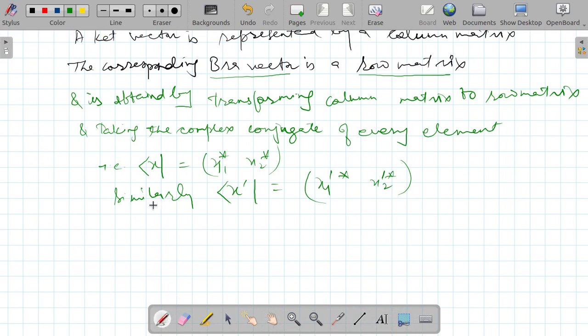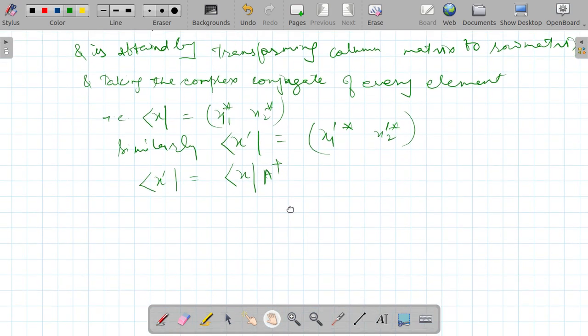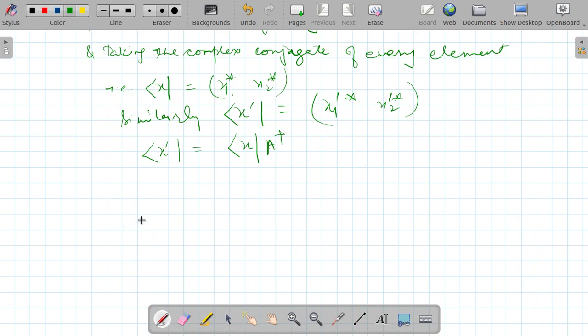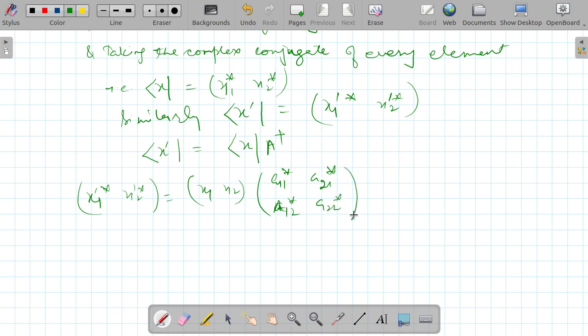And they are related to each other as bra x prime is equal to bra x operated with the operator A, or if I try to elaborate it, x1 prime star, x2 prime star is equal to x1 star, x2 star times the matrix a11 star, a21 star, a12 star, and a22 star.